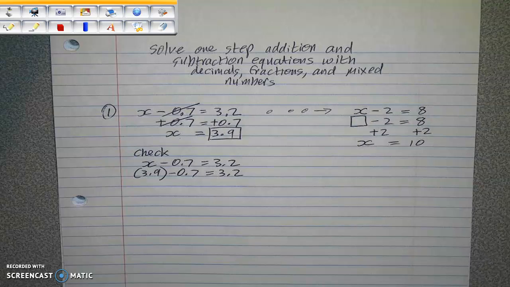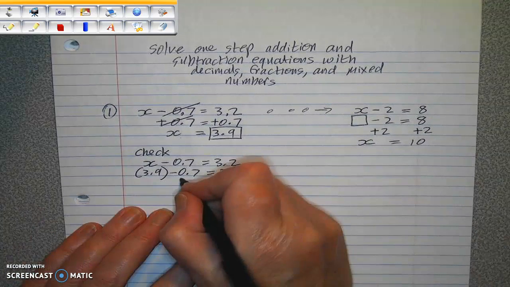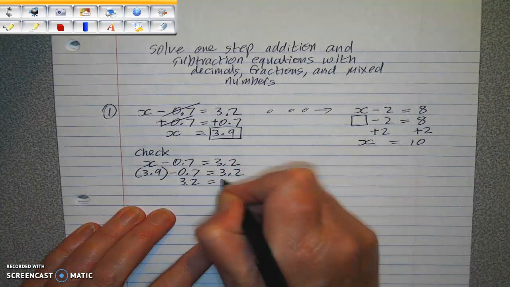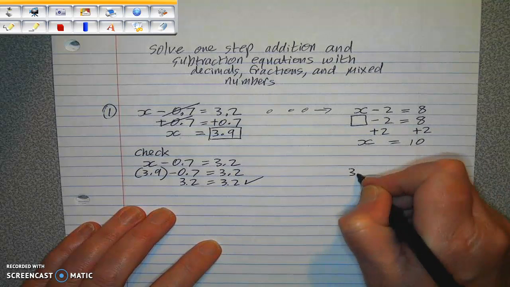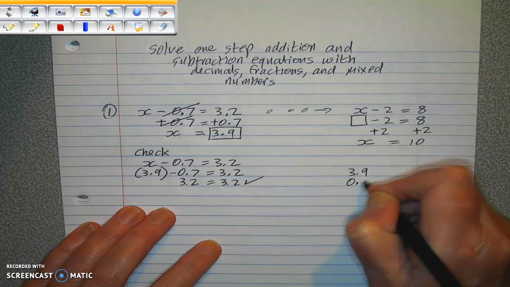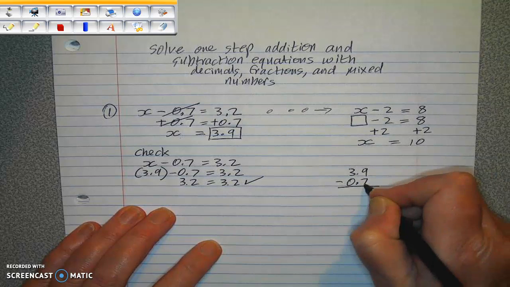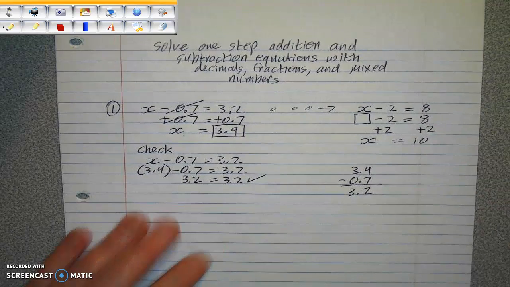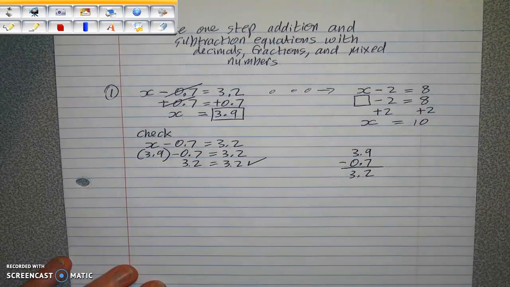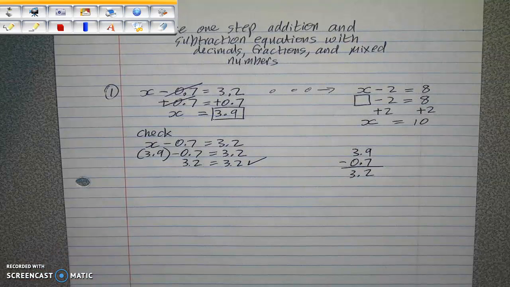Yes, I do. And just to show that off to the side, 3 and 9/10, I'm taking away 7/10. 7 from 9 is 2. And there you go. All right, so that's problem number 1 done with a one-step subtraction equation involving decimals.